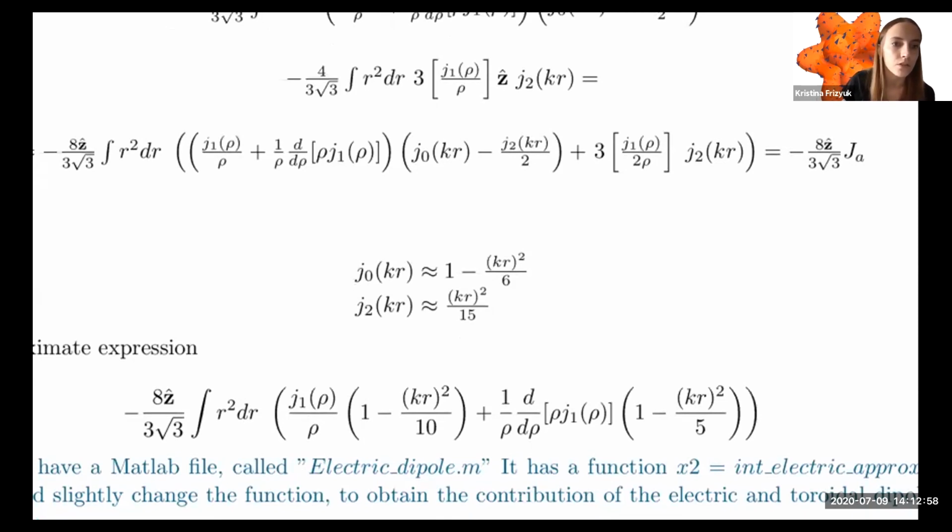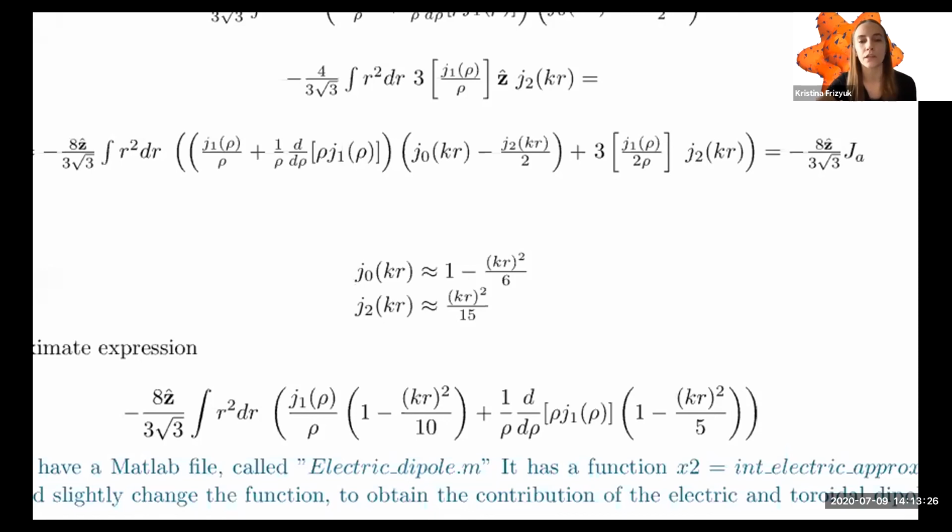There is a question to obtain contributions separately. Yes, it can lead to larger results than the exact. Each term, of a dipole and toroidal, separately, just because they have different sign.